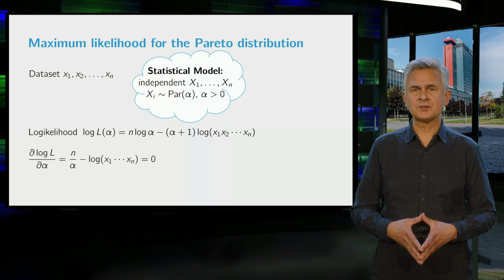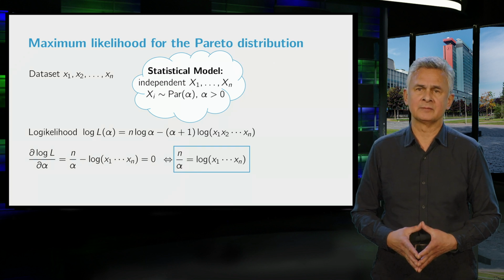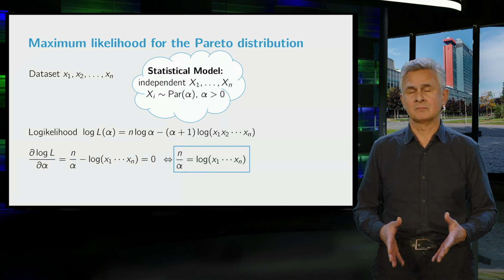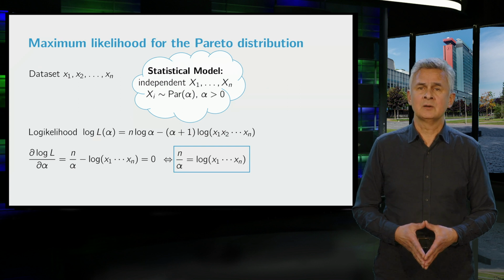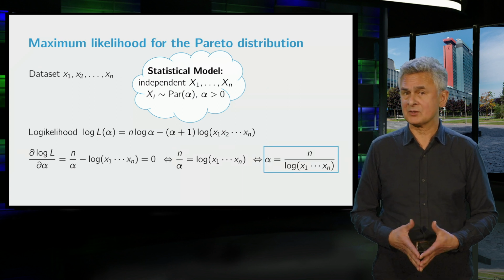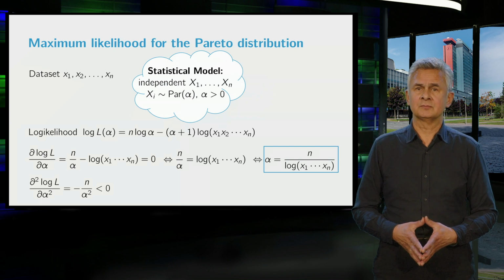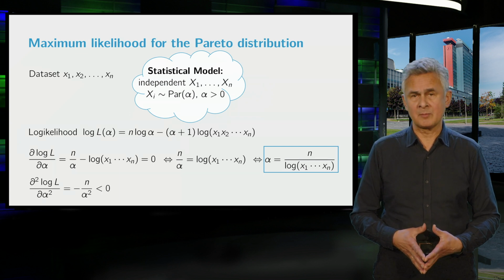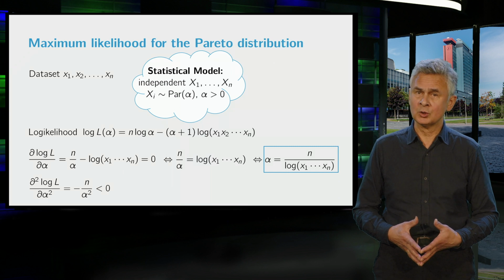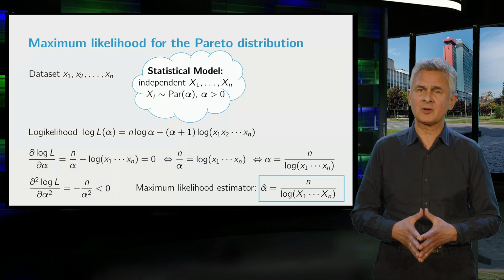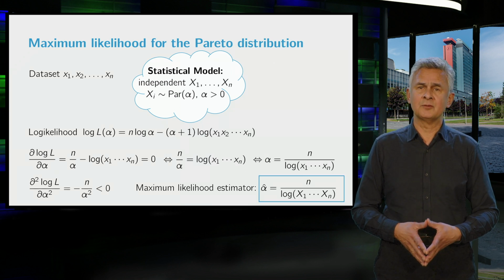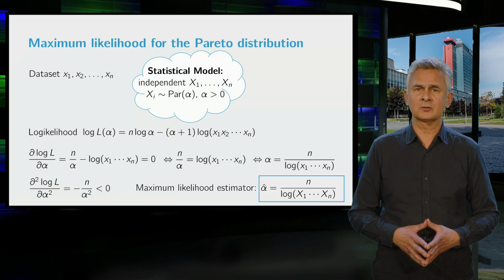Now from this equation we can easily solve for alpha. As before, we must still check whether this is a maximum. Since the second derivative is strictly negative, we have a maximum. So we conclude that the maximum likelihood estimator for alpha is n divided by the log of the product of the x's.